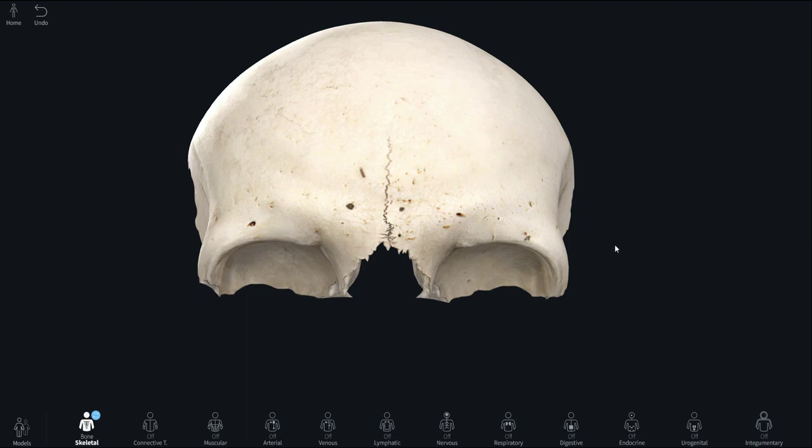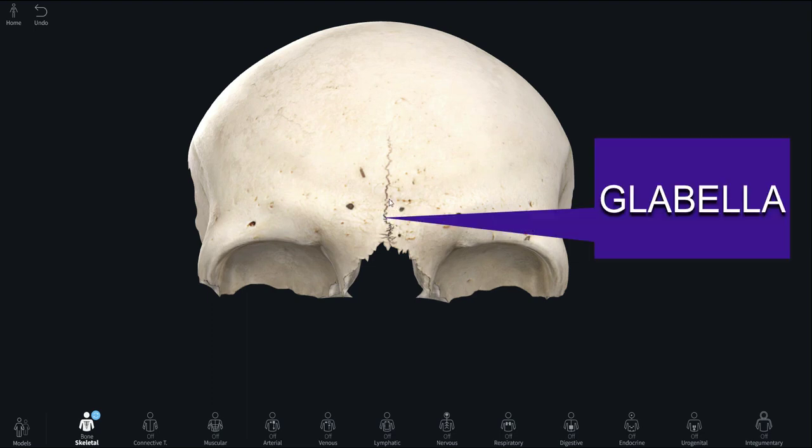Now, I had talked about the superciliary arches, right? The bony elevations, I had talked about them. The imaginary meeting point of these superciliary arches somewhere over here, that is called the glabella. Okay, so that point is called the glabella.